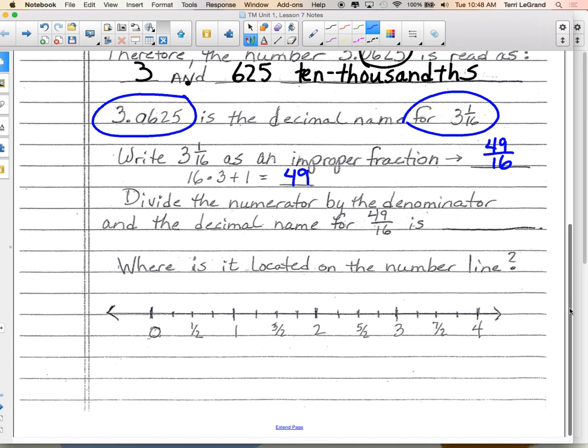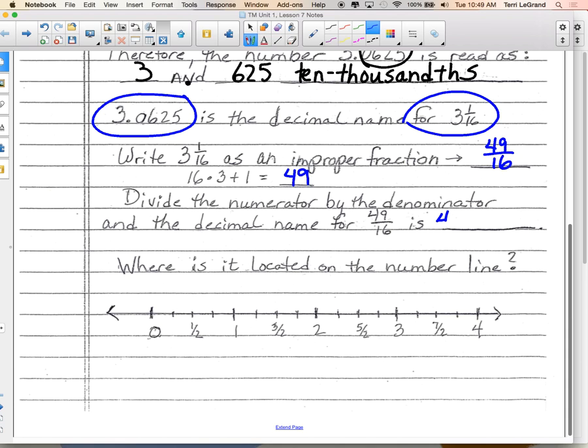So on your calculators right now, does anybody know how we would change that fraction, 49 16ths, into its decimal name? Sam? Divide. So you take the numerator, 49, and divide it by the denominator.